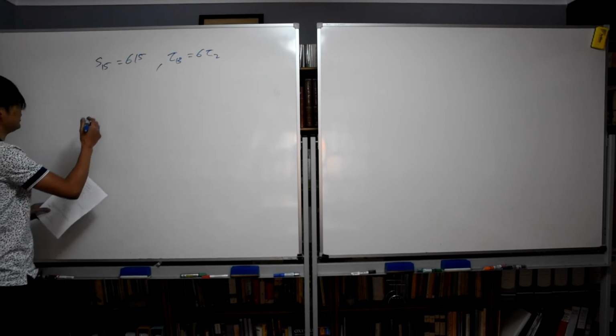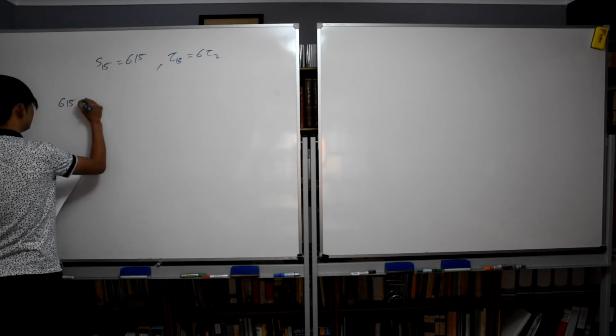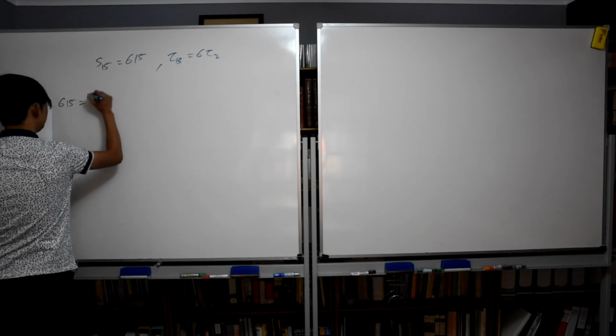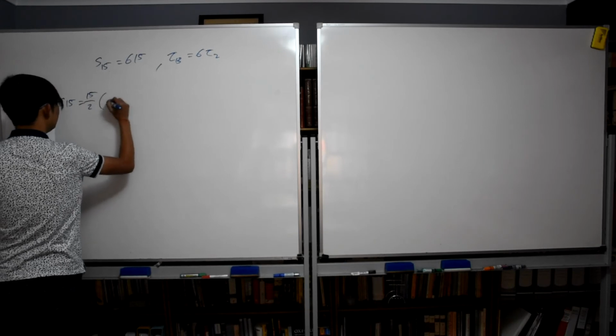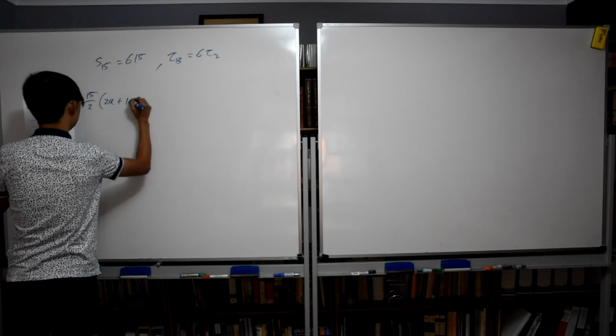Well, using this first, we know that 615 has got to be equal to 15 on 2, 2a plus 14d.